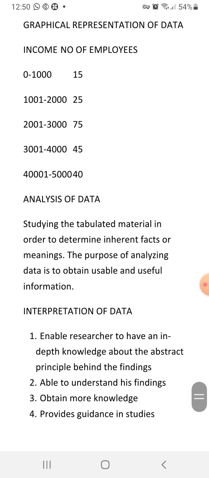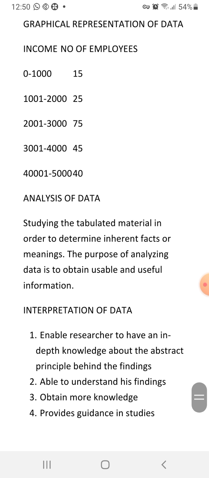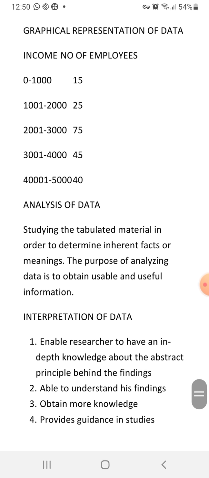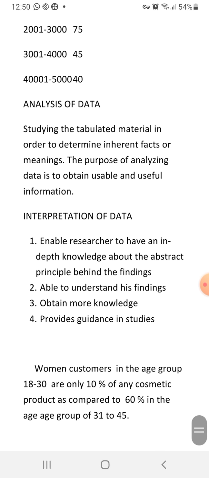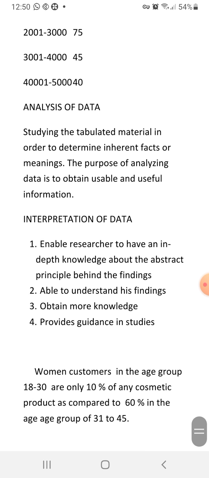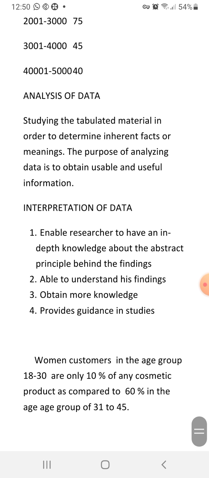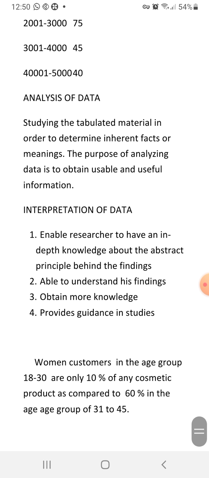With the help of Microsoft MS Excel, we can make some charts. Then analysis is another important area. After tabulation, the next step is analyzing the data.